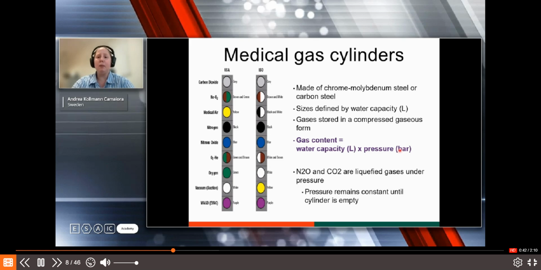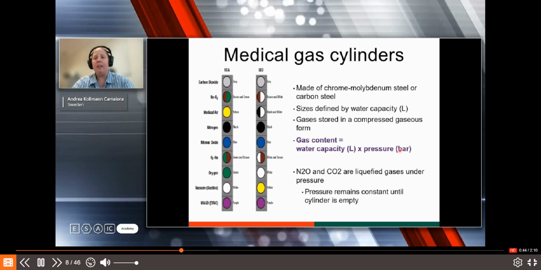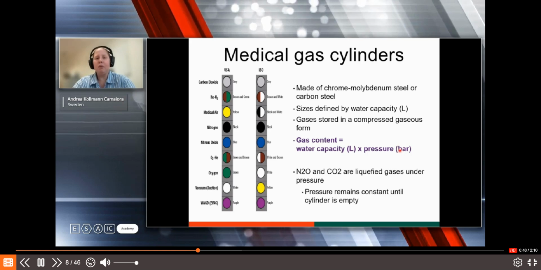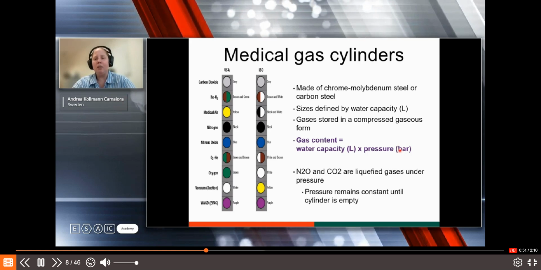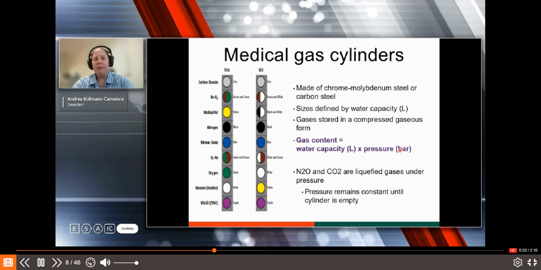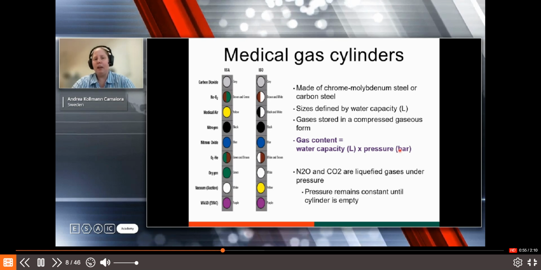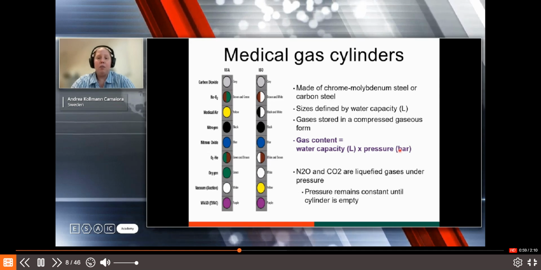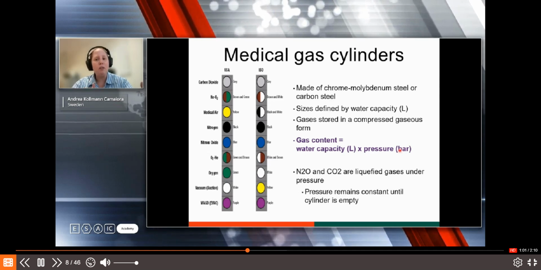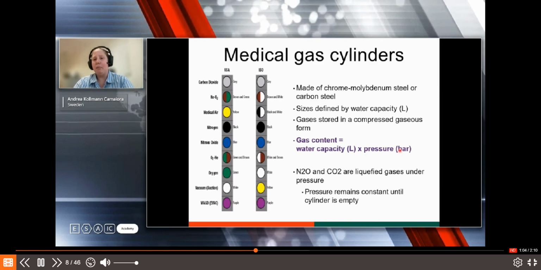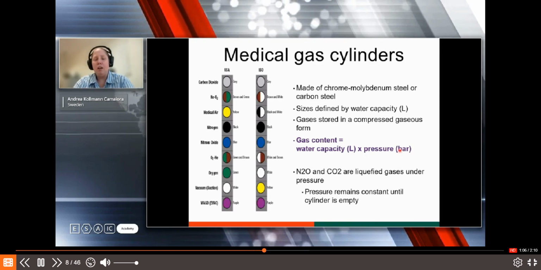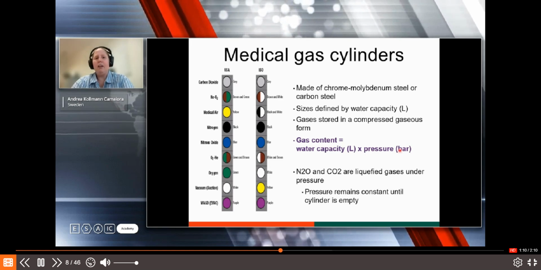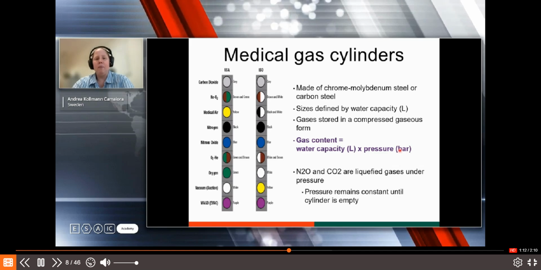And this is very important because in the exam, you are asked sometimes to do simple calculations, but a simple calculation can be the gas content of a cylinder that has a water capacity of X liters and a pressure of X bar, or they can give it to see if you know the conversions between millimeters of mercury or torr, and play a little bit with the equivalences. And then you need to do the multiplication to find the gas content.